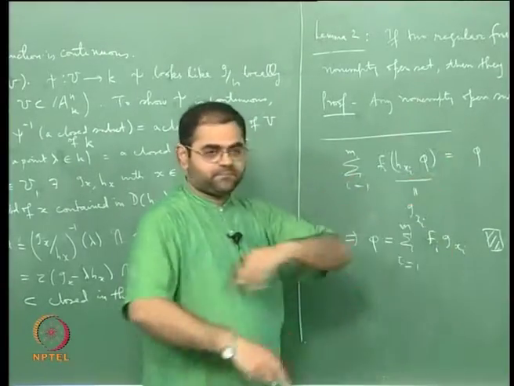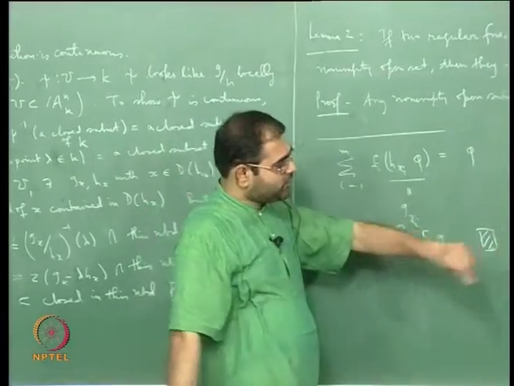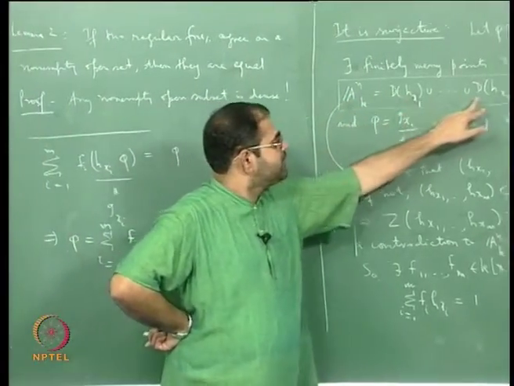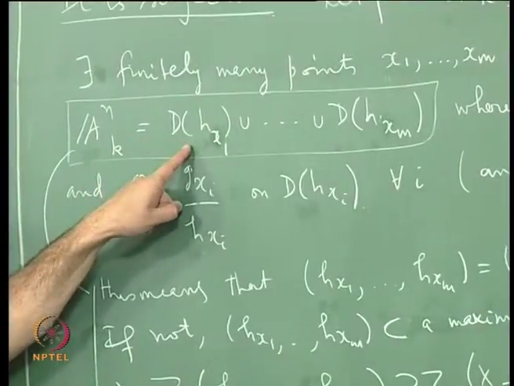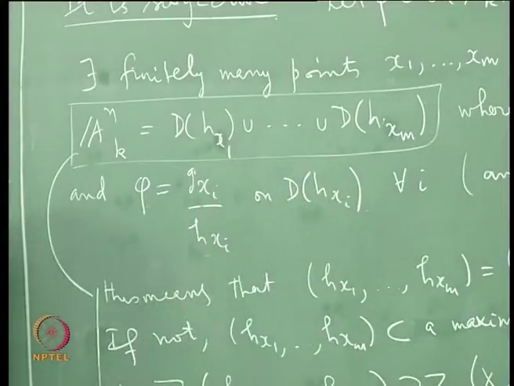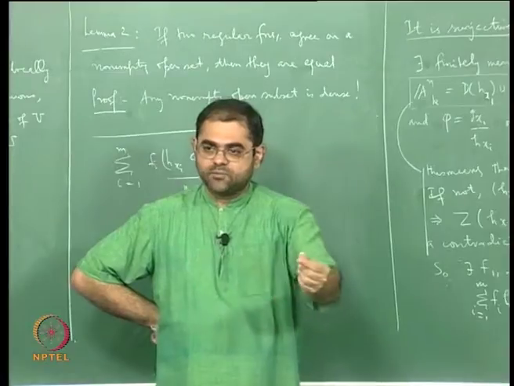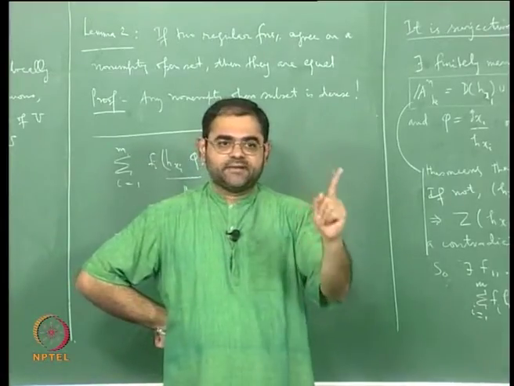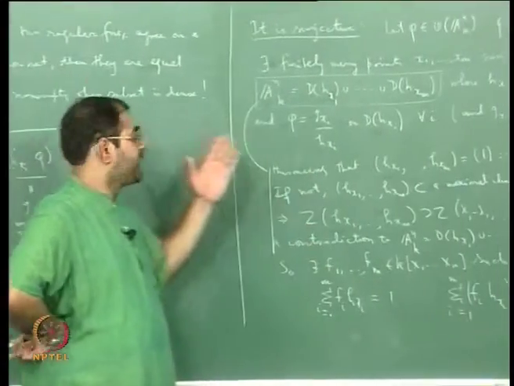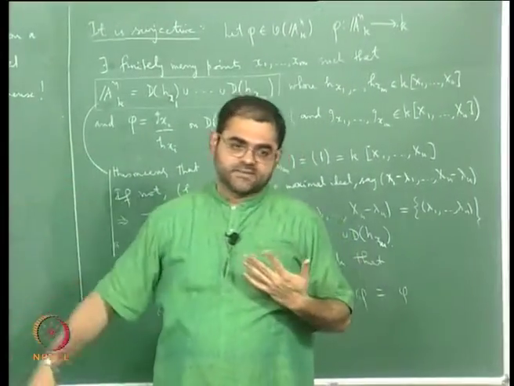Now you can use the same technique of proof to prove the other statements. All the time you will use this fact that whenever the corresponding space is contained in a union of finitely many basic open affines, then the ideal generated by the polynomials that define those basic opens is the unit ideal, that is the key, and then from that by applying this lemma you can get the proof for all the other cases.